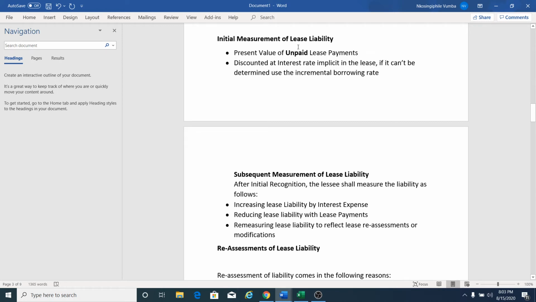So it is the present value of unpaid lease payments that are discounted at the interest rate implicit in the lease that we defined above, okay. And if the implicit rate can't be determined, they are discounted at the incremental borrowing rate, okay. That is the initial measurement of the lease liability.